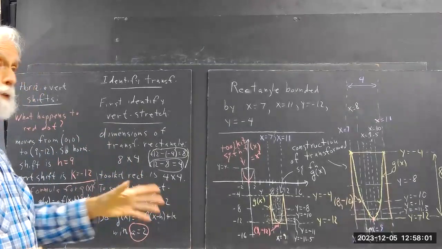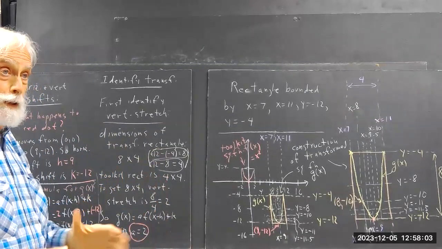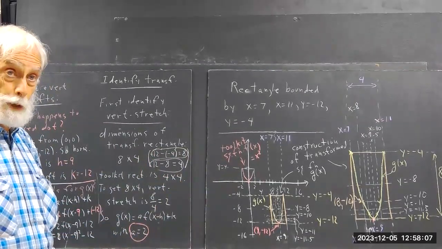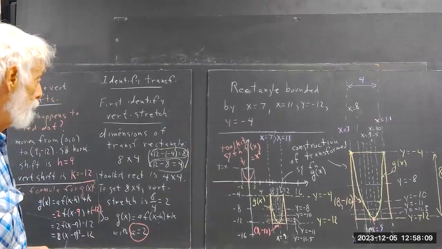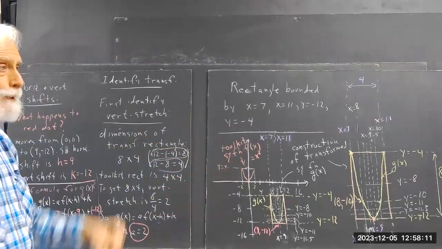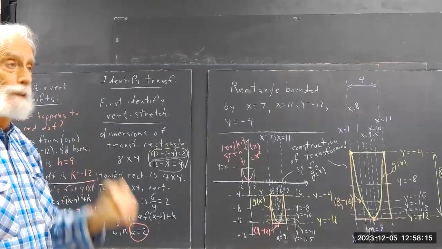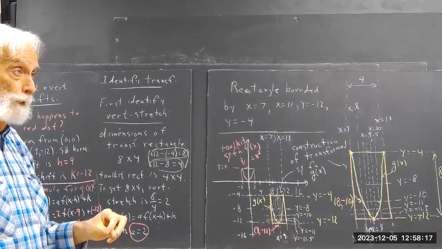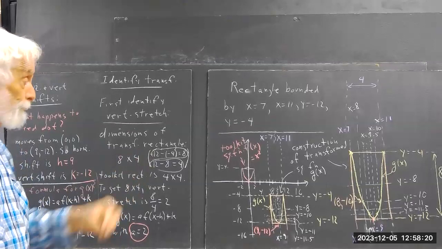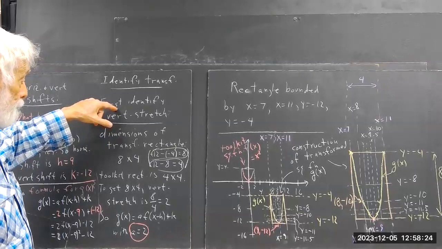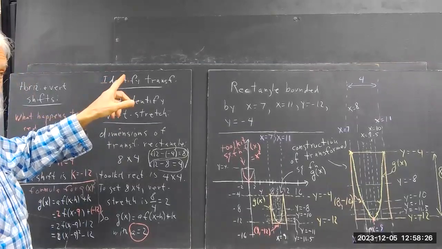I'll also mention horizontal compressions. I'm not going to test you on horizontal compressions. If you get this down, I'm happy. If you know it well enough, you'll be able to figure out horizontal compressions if you ever need them, and you might not. They're important with exponential functions.